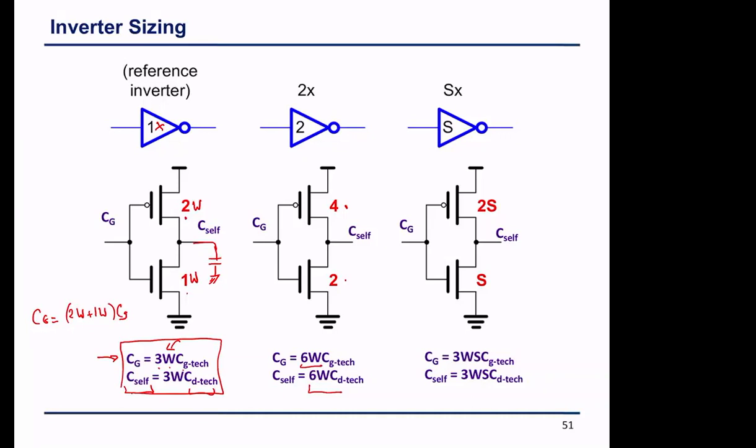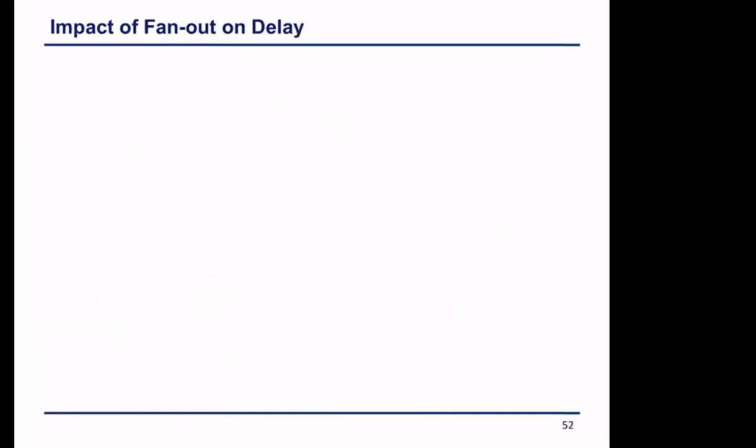If I size it S times, the capacitance at the gate will be 3W times S times CG, and the self capacitance will be 3W times S times CD tech. So it will be multiplied S times. So I have self capacitance and gate capacitance, and when I size up, the self capacitance grows and the gate capacitance also grows.